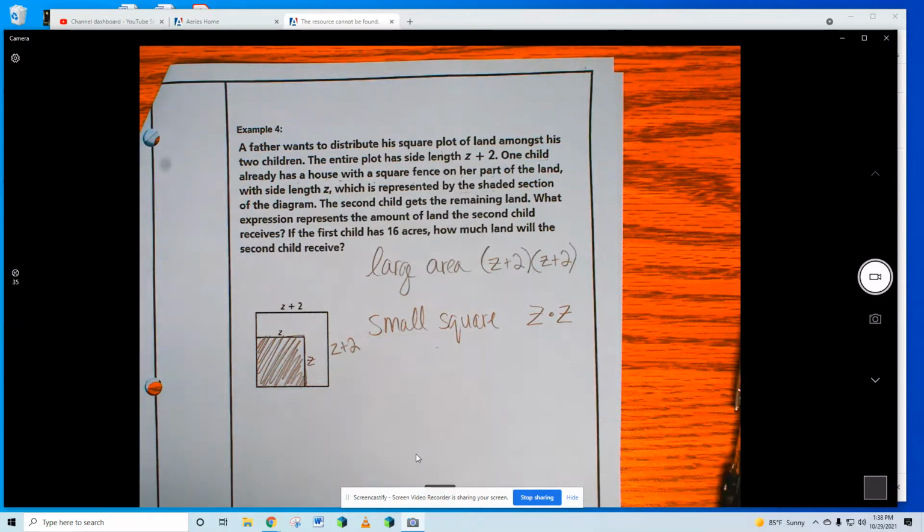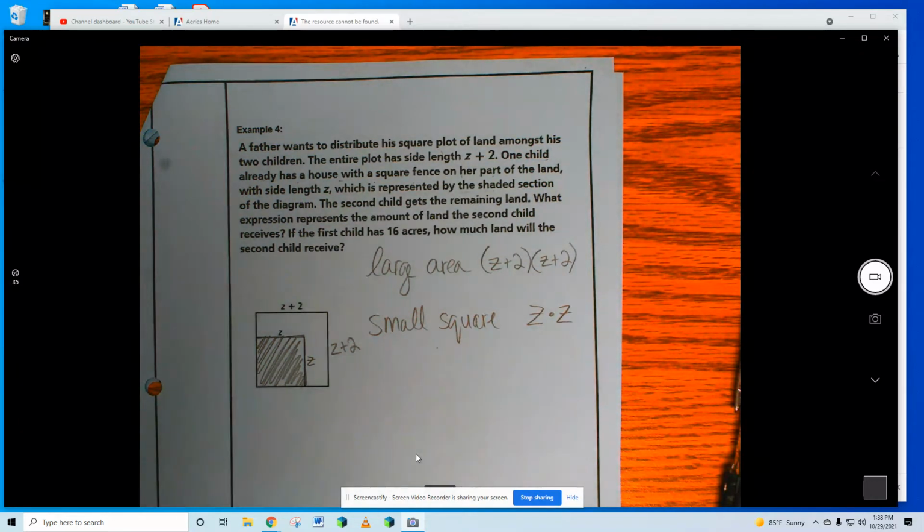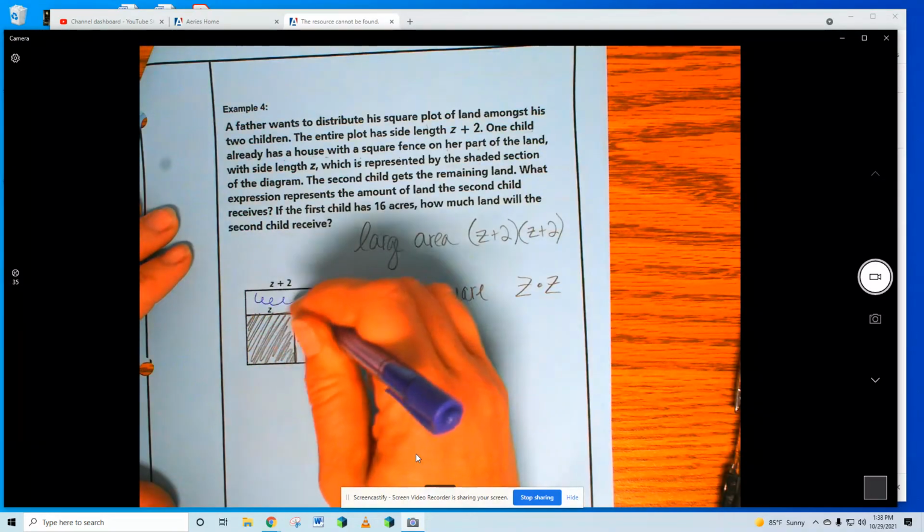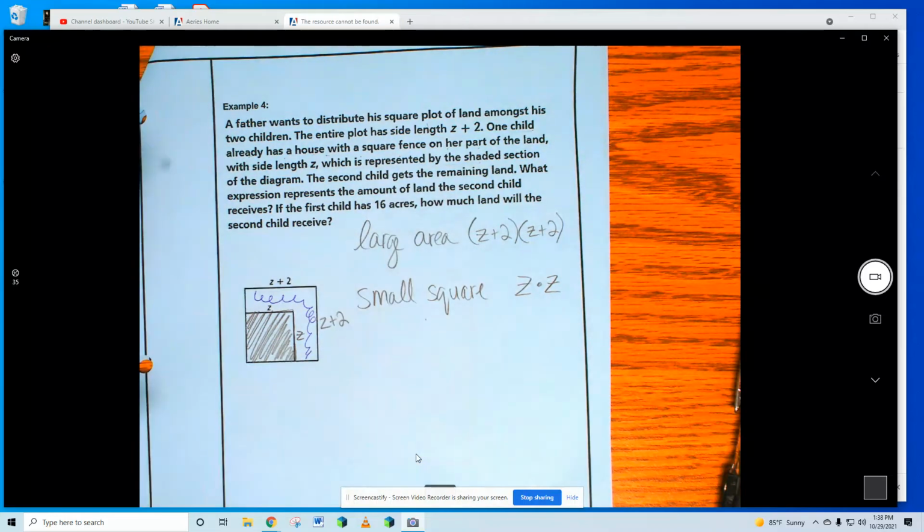If I want to know how much is in my purple area, what would I do? I have this giant space that's Z plus 2, Z plus 2. And then the daughter already has the shaded part. And the son gets this piece right here. How would I figure out how big this purple piece is that the son would get?